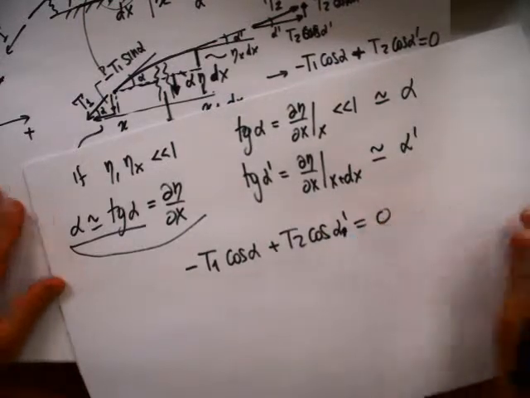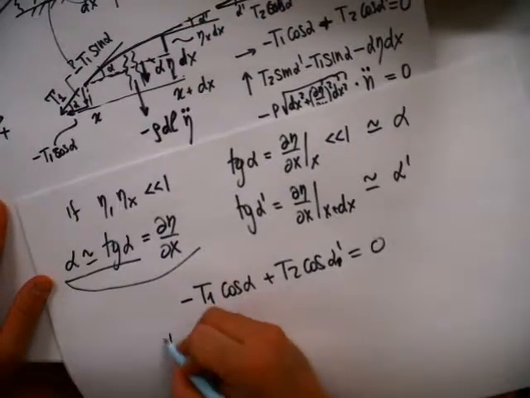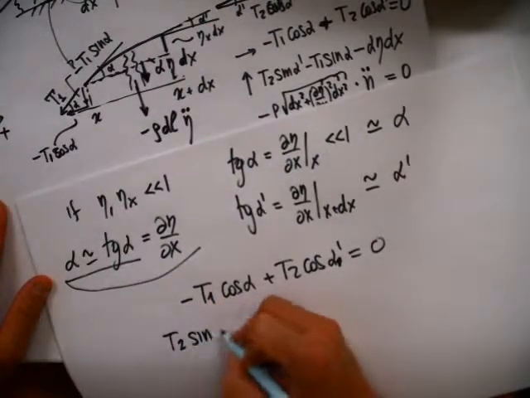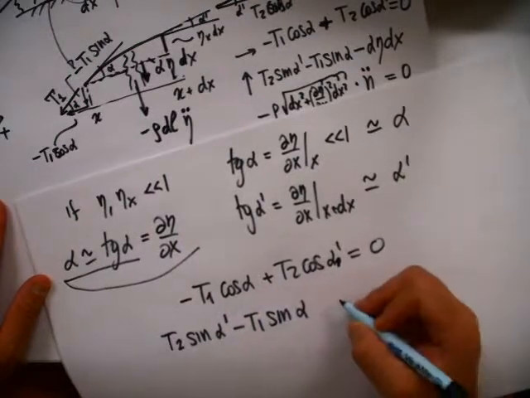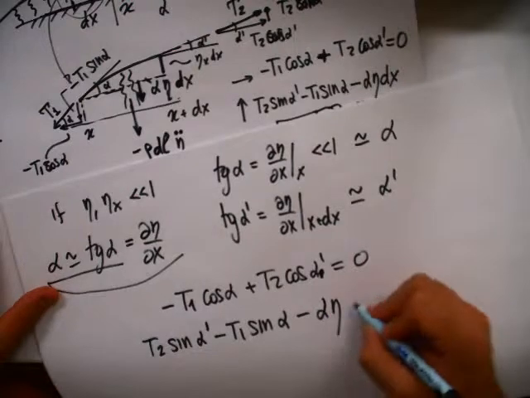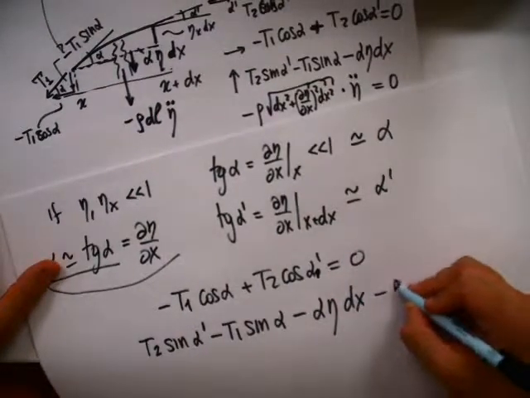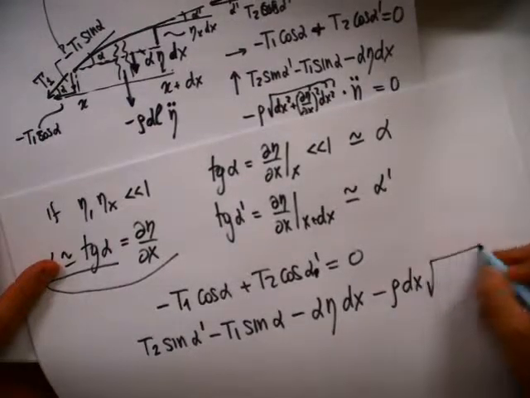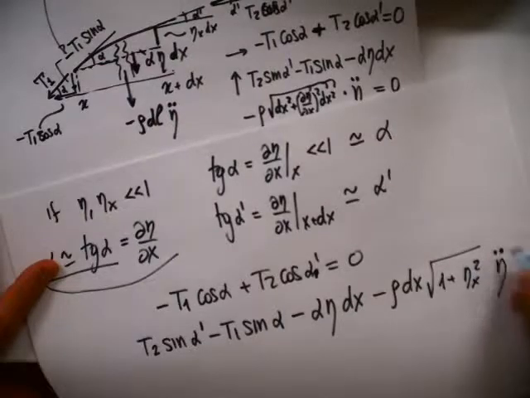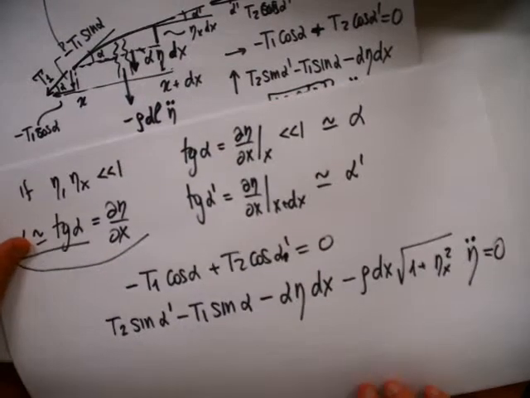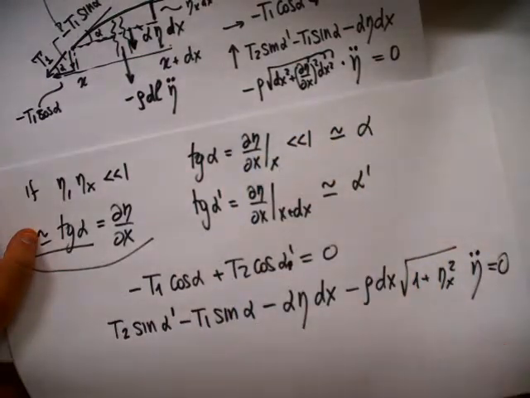Then the second one is the most important, the one that we are interested in: minus T1 sine of alpha plus T2 sine of alpha prime, and then I have this minus rho dx square root of 1 plus eta x squared eta dot dot has to be equal to 0. I pull delta x squared outside, and of course this is computed at x.